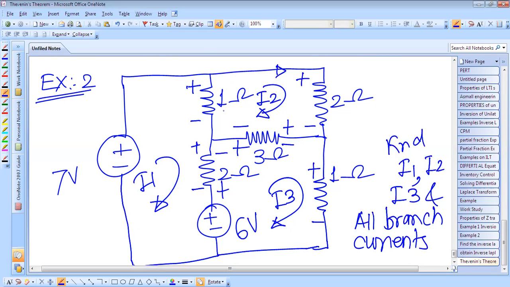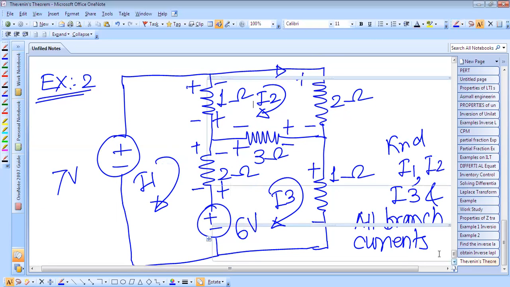And in this we also have to move like this. This is plus minus. So now we have to apply KVL to these loops. This is loop first, this is loop second, this is loop 3. So we have to apply KVL to the first loop.